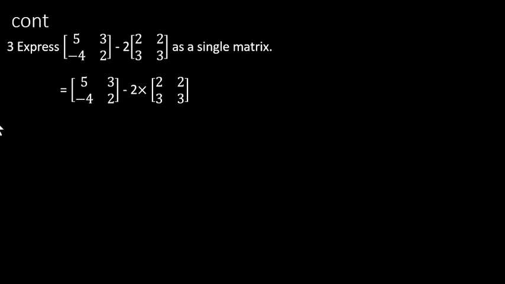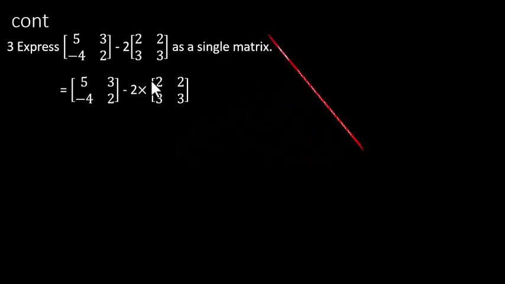We're told to express 5 3 negative 4 2 minus 2 times the matrix 2 2 3 3 as a single matrix. Since 2 is a scalar, we multiply 2 by everything in the matrix.